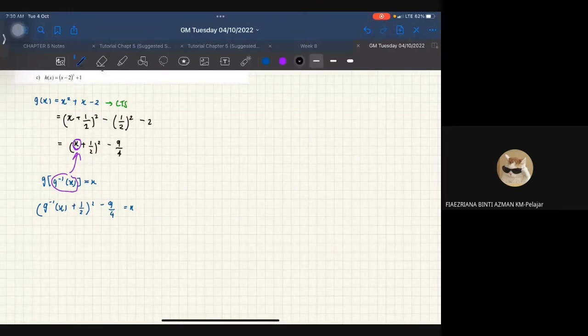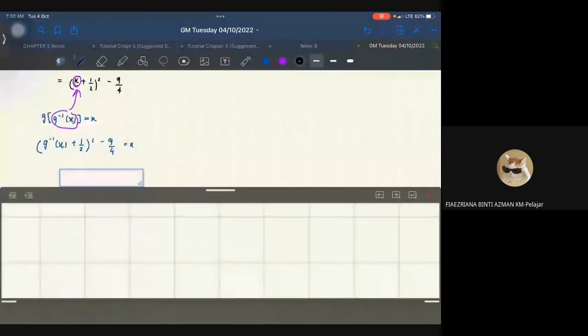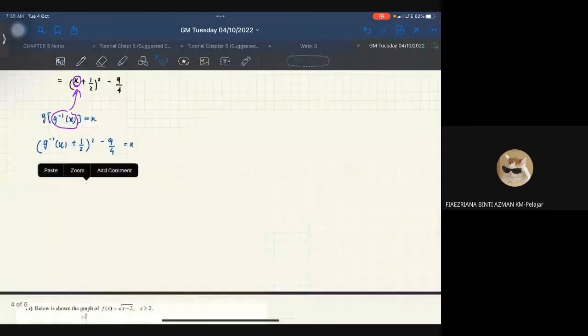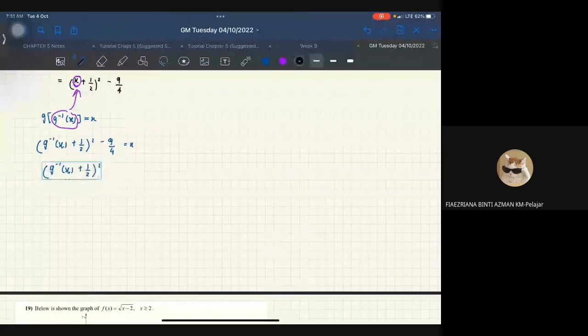Okay, alright, so kita akan pindahkan dulu 9 over 4. So saya copy je yang ni. Paste it over here. Okay, and then I have x plus 9 over 4.